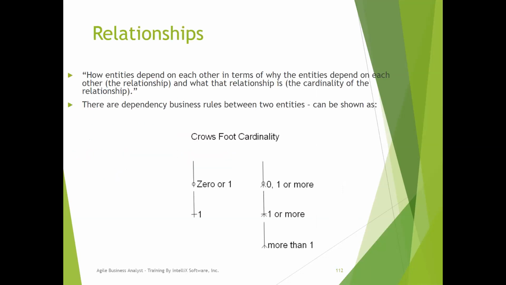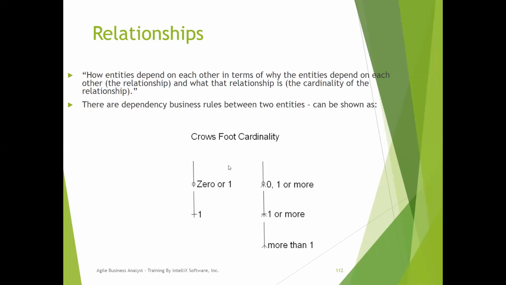So relationships, as we talked about, tell you how the entities depend on each other or interact with each other. Okay. And a lot of times you will hear about crow's foot or cardinality in the diagram. So if you have a line drawn between two entities with a 0 at the bottom, it just says that the cardinality between those items is 0 to 1.